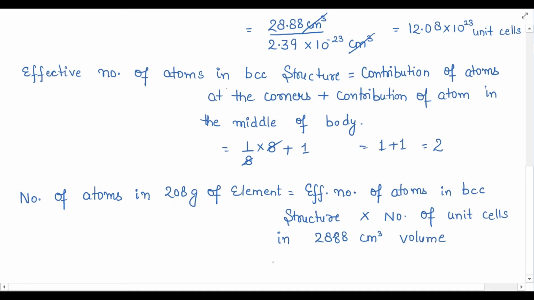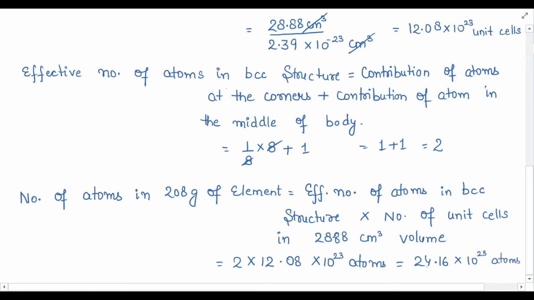Okay, so the effective number of atoms is 2 into the number of unit cells in 28.88 centimeter cube volume, that is 12.08 into 10 raised to power 23. Okay, so it will be atoms, right? When you multiply 2 with 12.08, you will get 24.16 into 10 raised to power 23 atoms.